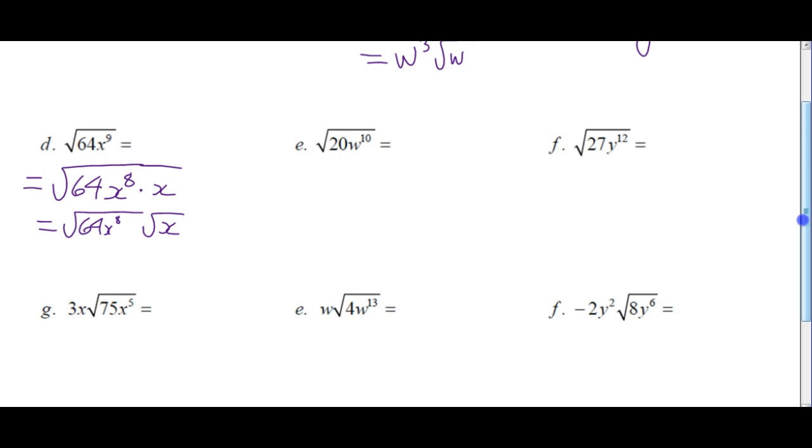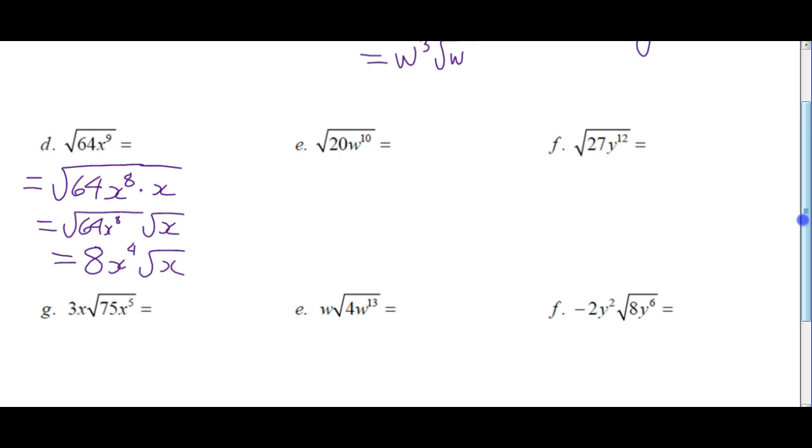So what's the square root of 64x to the 8th? 8. What's the square root of x to the 8th? X to the 4, right? Half the power. We still got that root x. Okay?